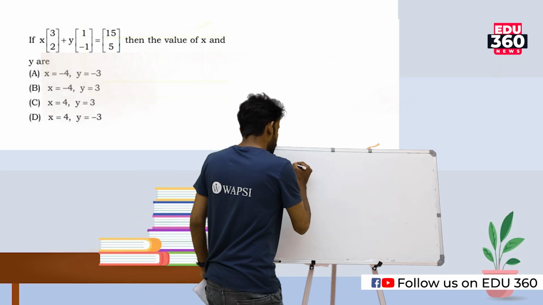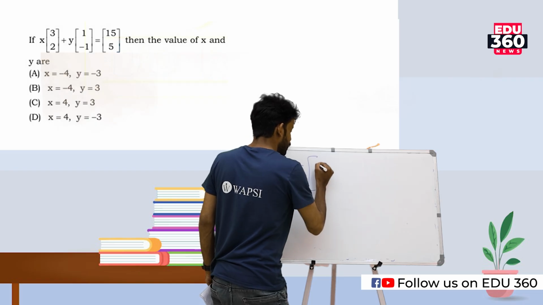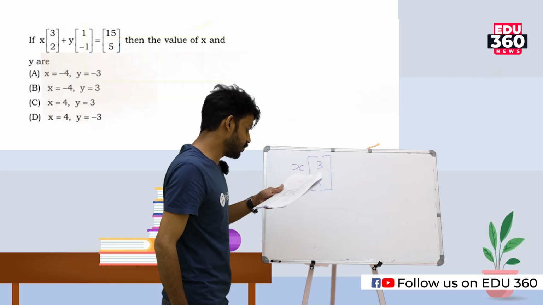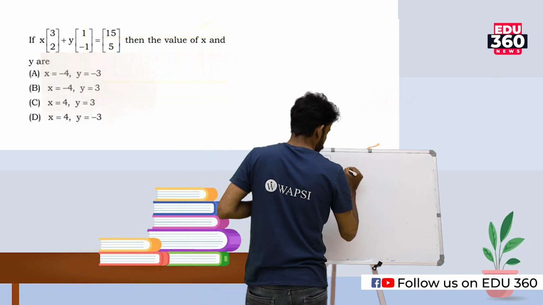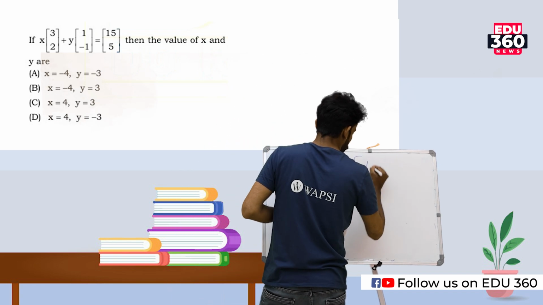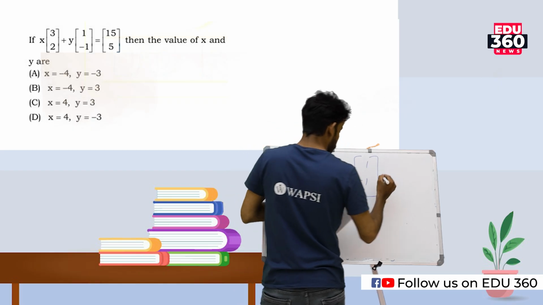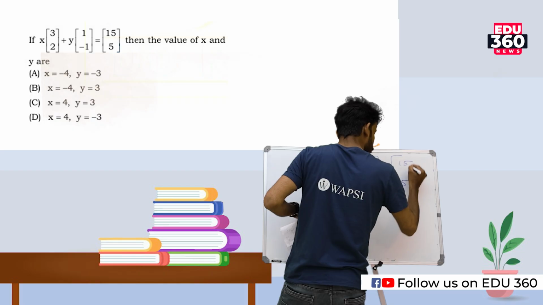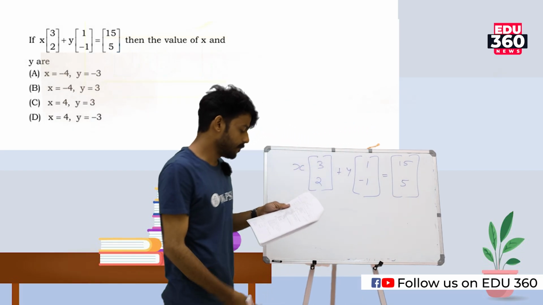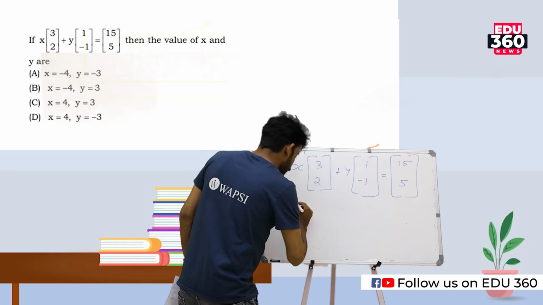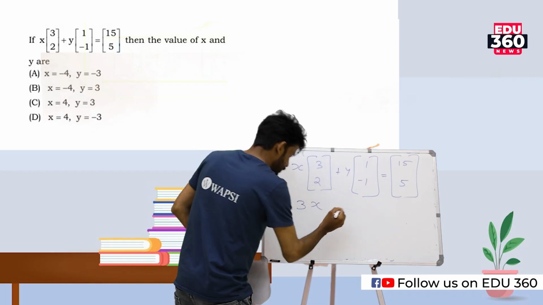So the question is x column matrix 3, 2 plus y column matrix 1, minus 1 equal to 15, 5.